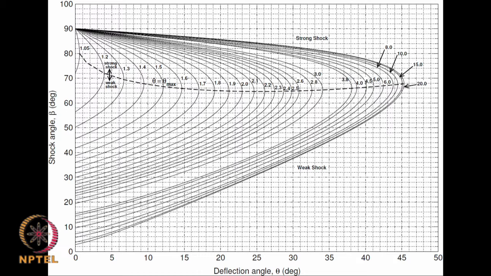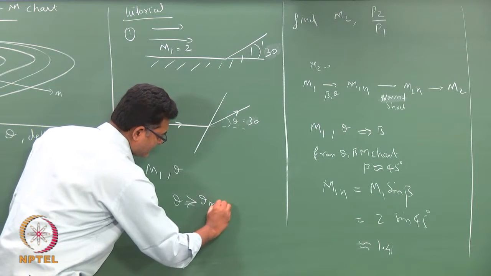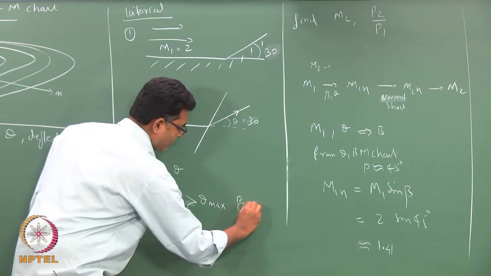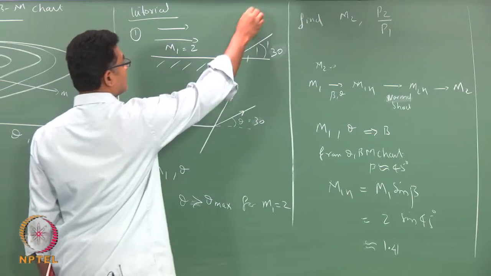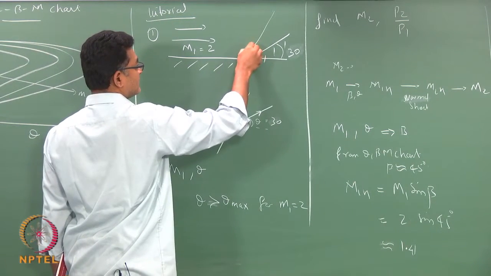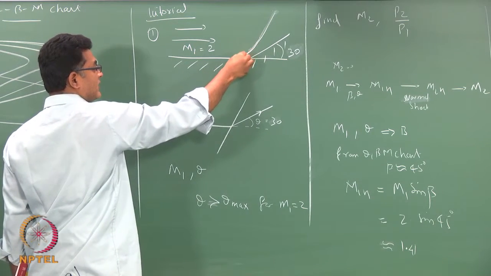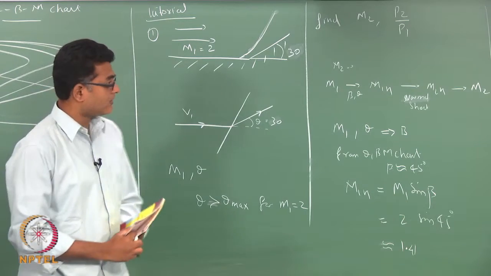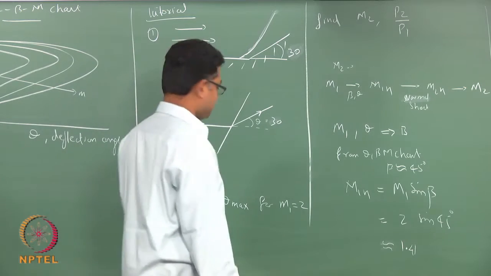Now, I see that for 30 degrees there is no Mach number line that can intersect, which means this theta is greater than theta max for M1 equals 2. So, I would have a shock that is not attached, something like this, which we are not going to analyze in this course.